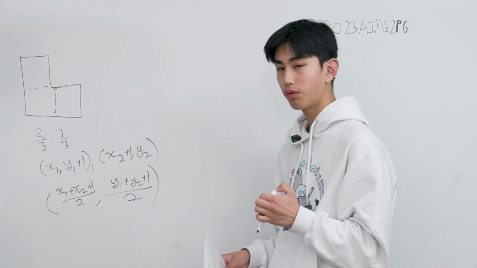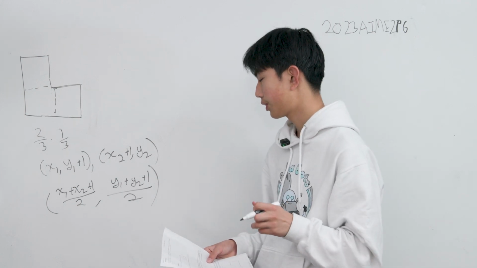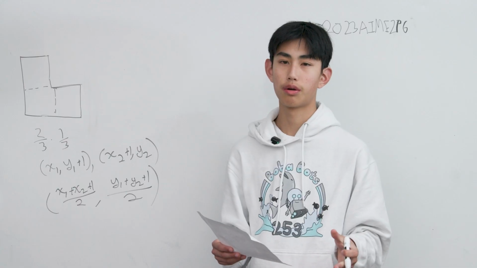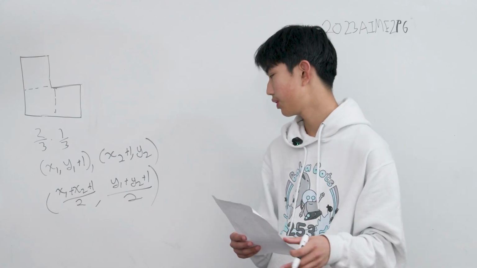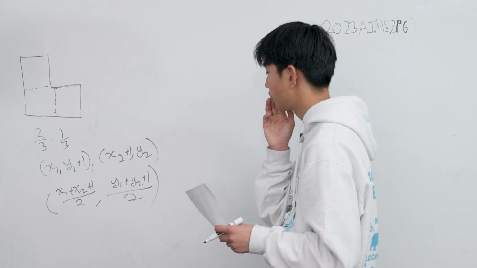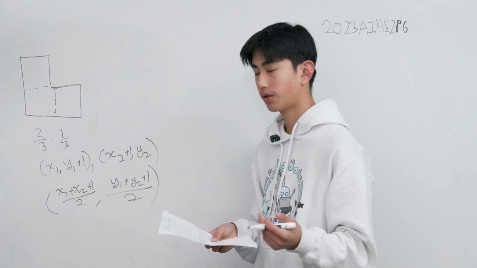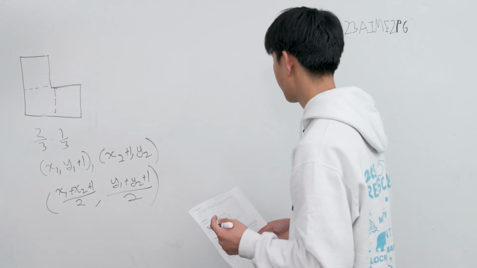And we know that x1, x2, y1, and y2 have to be between 0 and 1. And if they're between 0 and 1, that means that this has to be greater than 1. So let's just set that as greater than 1.